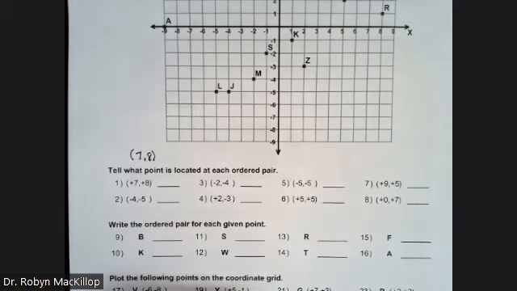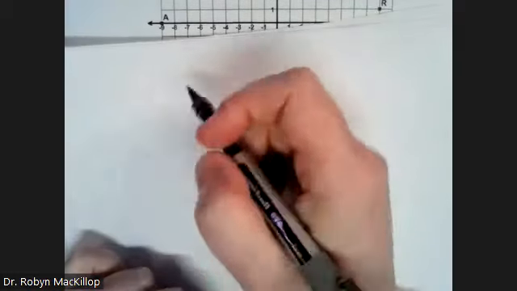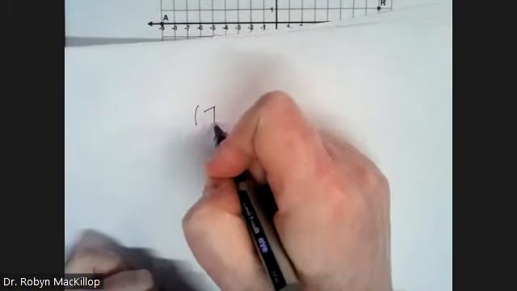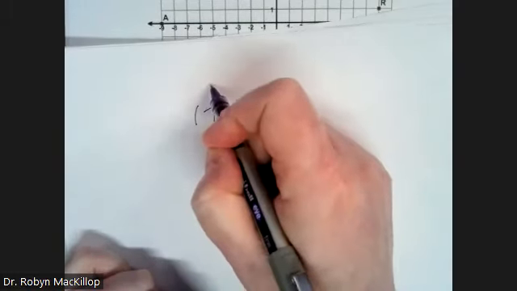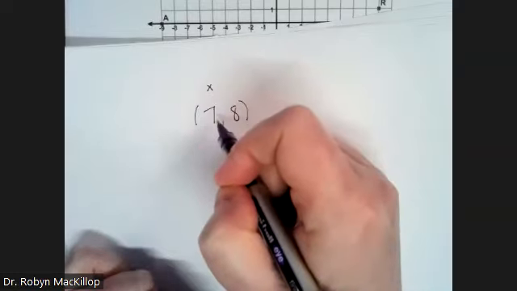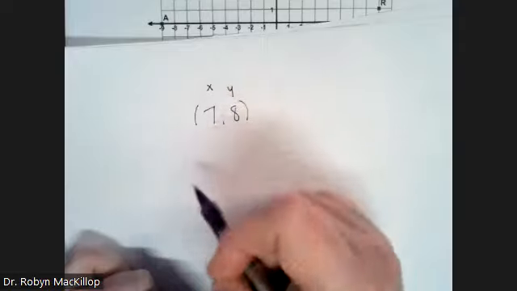If you have a number with no sign, assume it's positive. And what we need to know about an ordered pair: the first number is always from the x-axis. The second is always y.